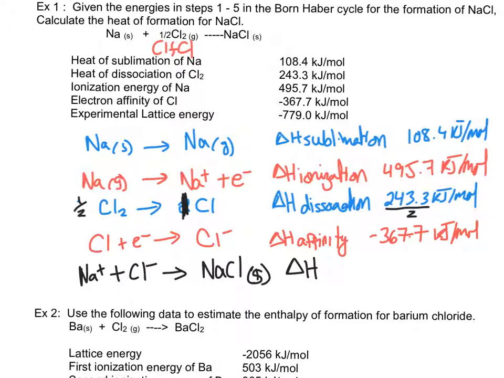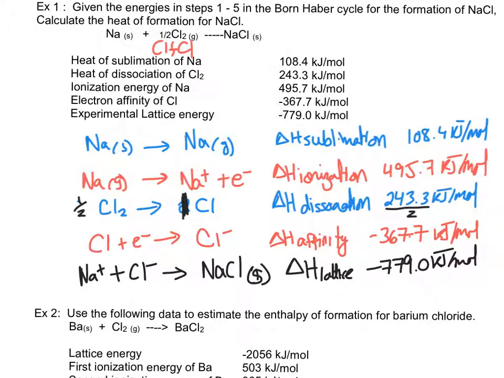And this is your lattice energy. Lattice energy is always negative when you form your crystal, again, because that's favorable since the ions attract each other because of the Coulombic forces. That's going to release energy. And it is negative 779.0 kilojoules per mole.